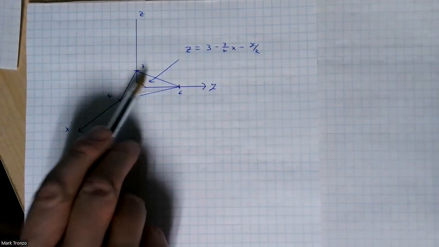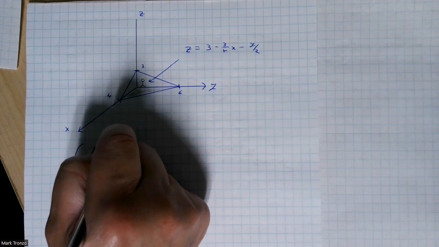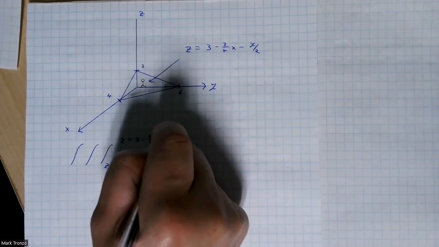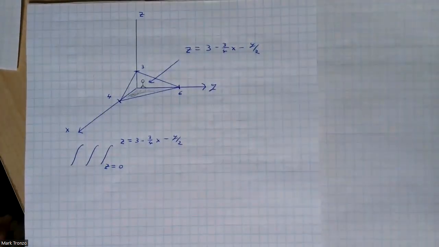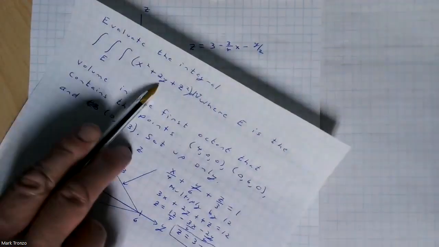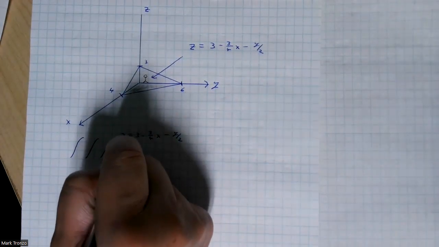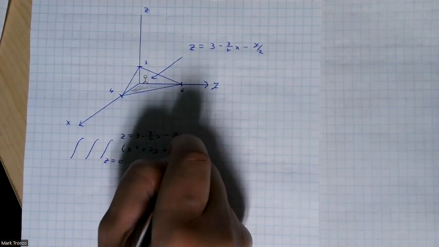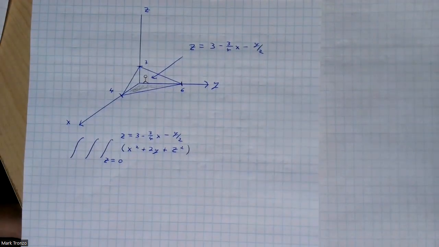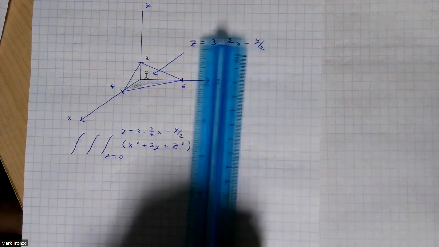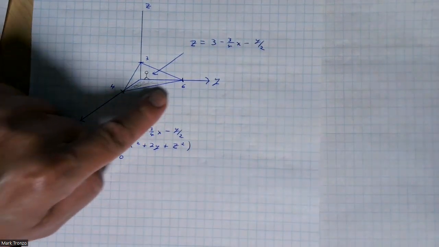Your upper bound, where your head is pointing towards, is 3 minus 3/4 x minus y over 2. And I'm just going to write down what our integrand was over here, x squared plus 2y plus z squared, and then we're going to need our domain in the xy plane.